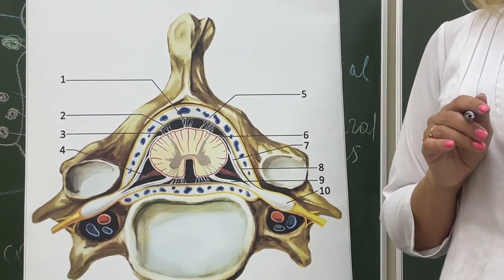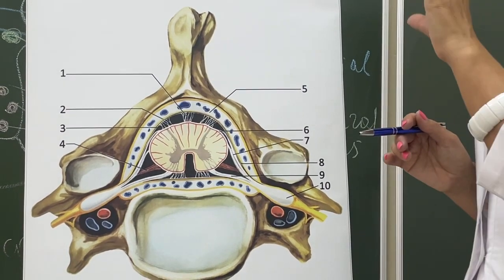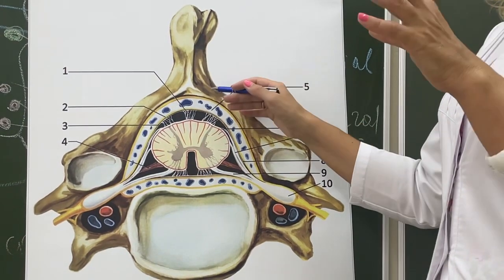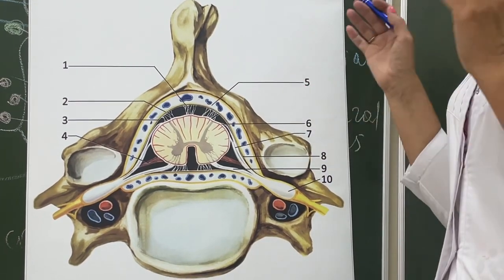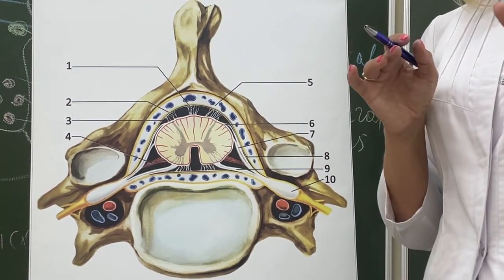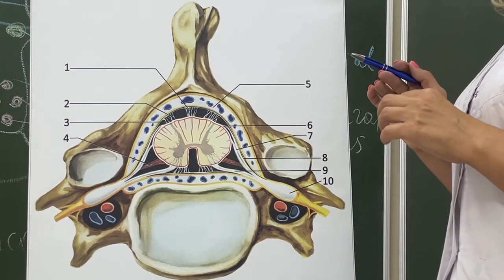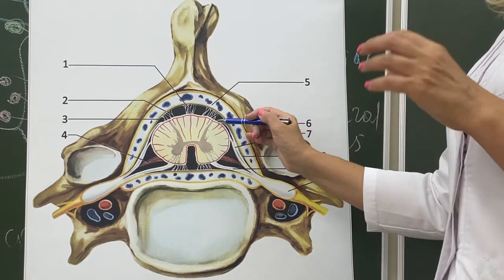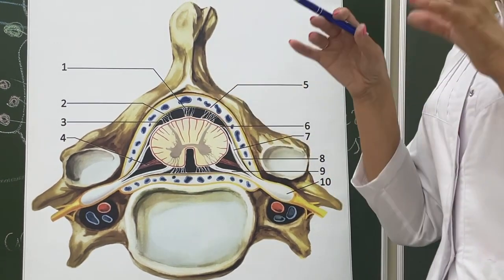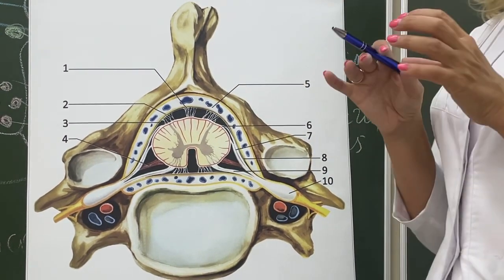Yes, but a very tiny amount, nearly nothing. So fat adipose tissue and a lot of veins. In the subdural space, yes, we have some amount of cerebrospinal fluid, and there are also venous plexuses. But the subarachnoid space is filled with cerebrospinal fluid.